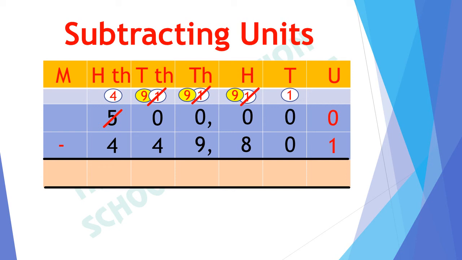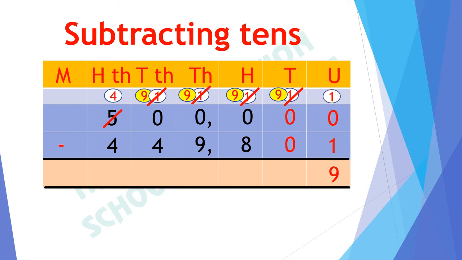As we have 10 tens, we will take 1 ten as a borrow, and here we are left with 9 tens. Now we can easily subtract 1 unit out of 10 units. If we subtract 1 unit out of 10 units, here we are left with 9. From 10 units we will subtract 1 and we will get 9.